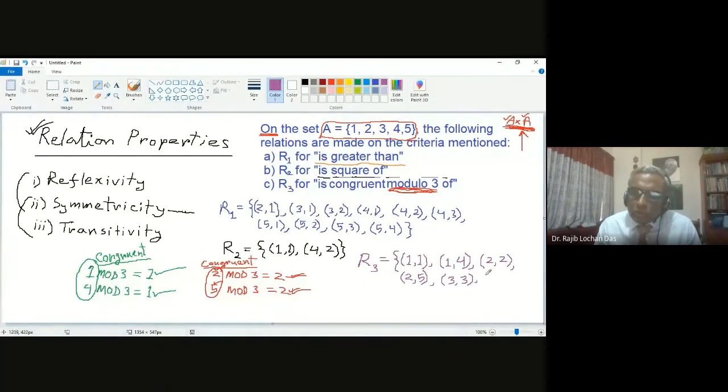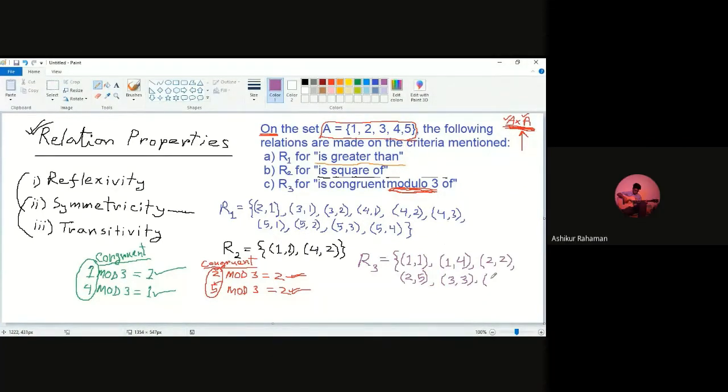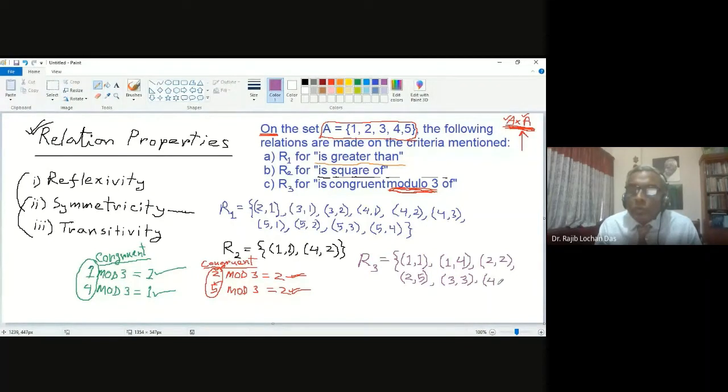No. What about 4? 4, 1 is possible, so this is taken. 4, 4 is also possible, so it is taken. 5, 1, no, but 5, 2 is possible, and 5, 5 is also possible. So these are the elements in R3.